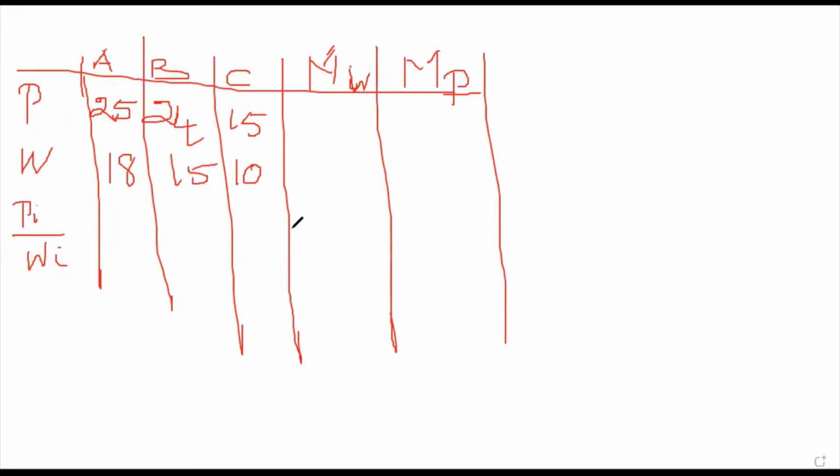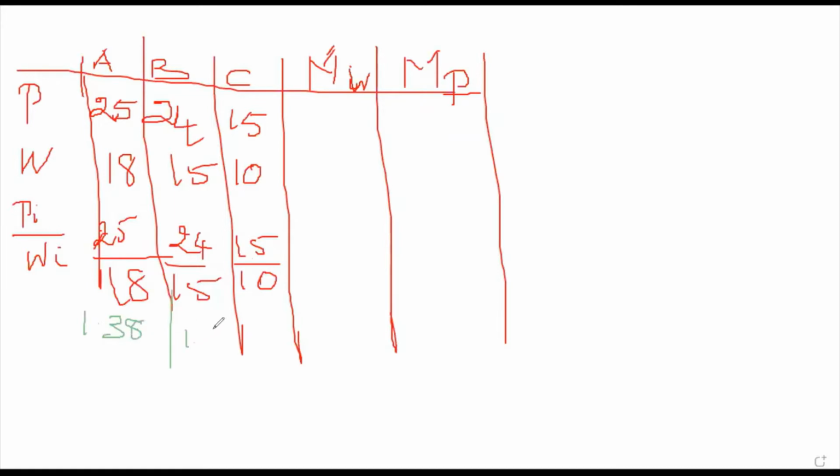So what is profit by weight? The ratio is 25 by 18, which you have to check. Then 24 by 15, then 15 by 10. 25 by 18 is 1.38, then 1.6, and 1.5. Is it clear?